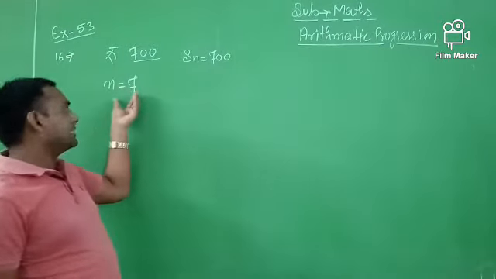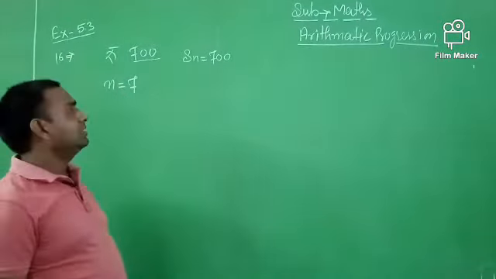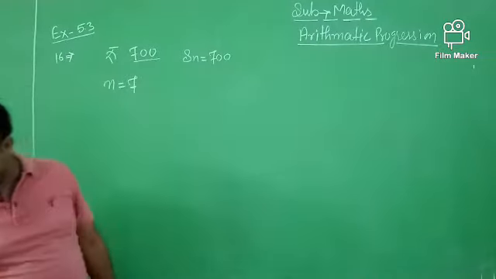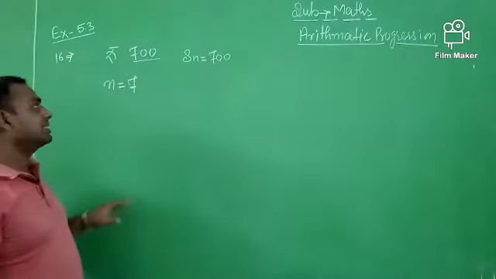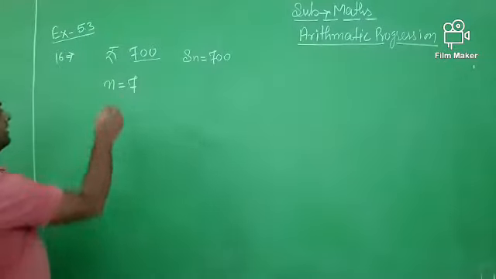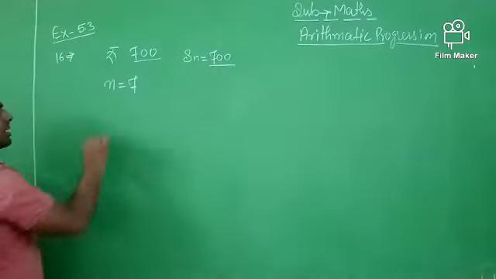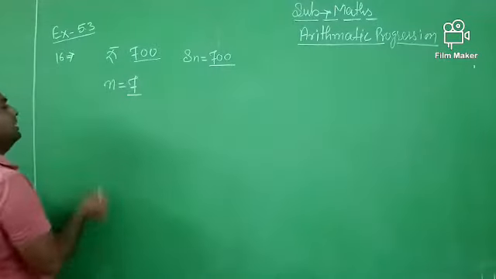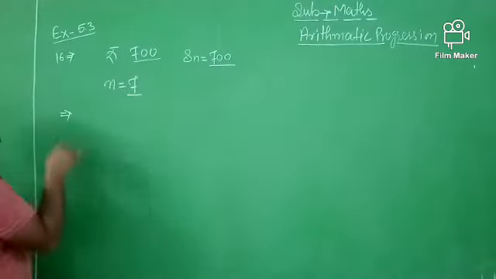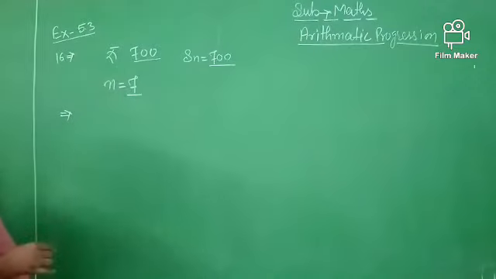Similarly, they provide up to the 7th prize. So how can we solve this question? Here it is given that the total is 700 rupees and the number of students is 7, because 7 prizes are to be provided to the students.